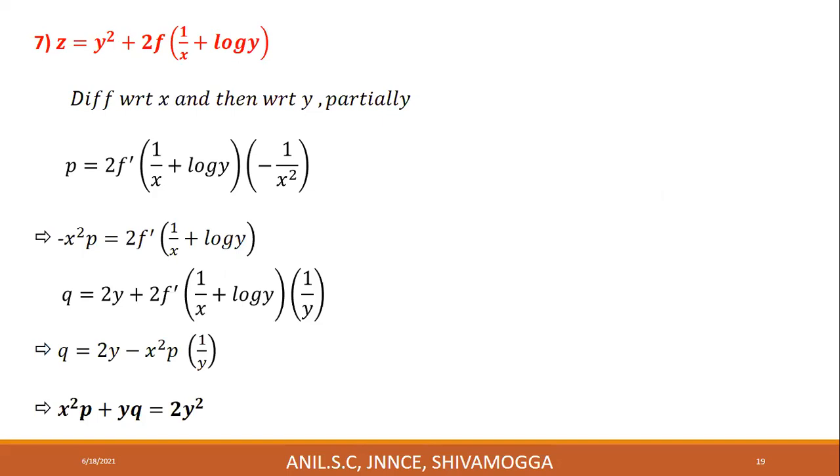Z is equal to y square plus 2 into f of 1 by x plus log y. F is the arbitrary function. It is to be eliminated.